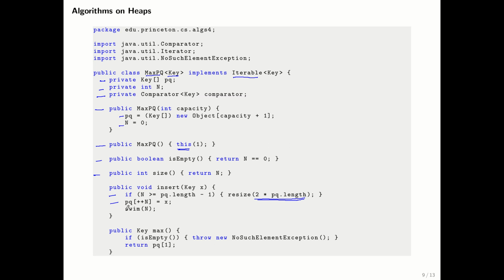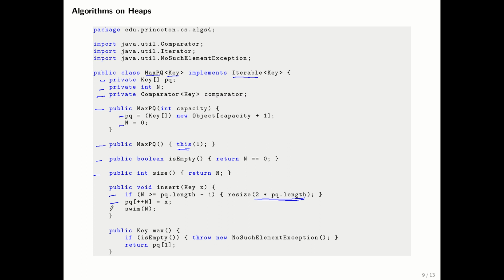We want to start storing at the index 1. So this does the right thing. So ++n would increment n to 1, and at index 1 you store the very first key, right? And so on.